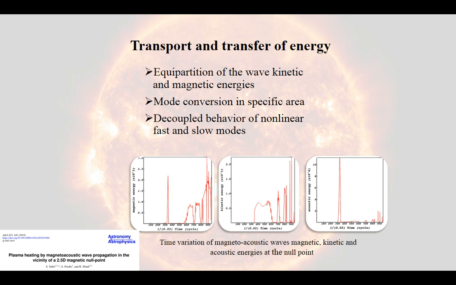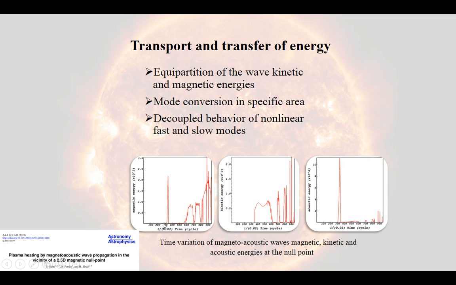And now I want to highlight the energy transfer via the interaction of the fast wave with the null point. We have magnetic energy, kinetic and acoustic energy. At first glance, we see an equipartition of kinetic and magnetic energy, which is expected because of the magnetic reconnection. Since the fast mode has a dominant magnetic character while the slow wave has mostly an acoustic property, considering these two figures, it's clear that mode conversion happens in this layer.